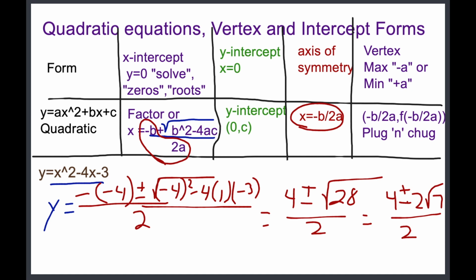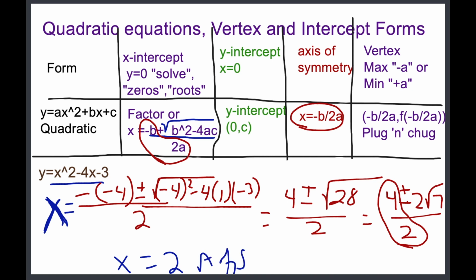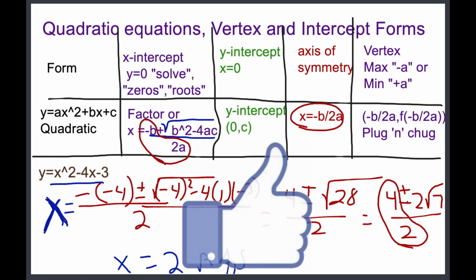And so this would be my x-intercepts. Again, I want to remind you, though, that the lead term here turns out to be the axis of symmetry. So that's always included. That should have been an x right there. So x equals 2 is the axis of symmetry. It is actually incorporated into the quadratic formula.